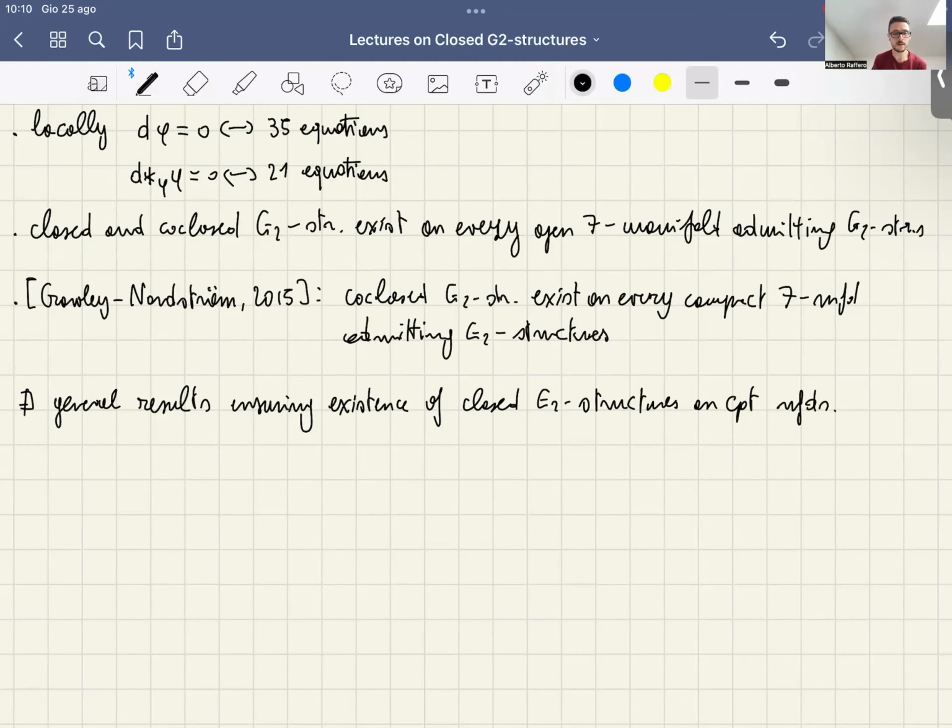But on the other hand, all known and potentially effective methods to obtain torsion-free G2 structures on compact manifolds require the existence of a closed one. And here, with potentially effective methods, I mean, for instance, the Laplacian flow for closed G2 structures that we will consider tomorrow.